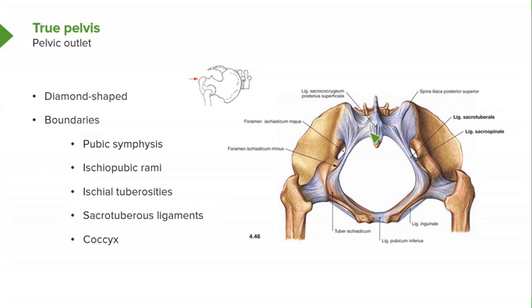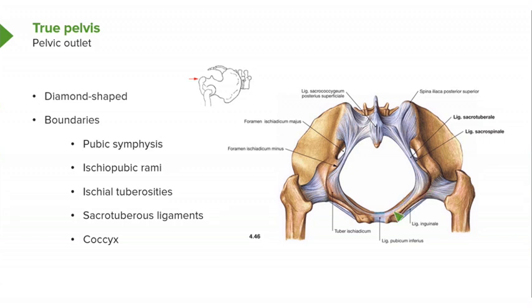And the boundaries of the pelvic outlet anteriorly would be the pubic symphysis, and this is where the two pubic bones will form their articulation. We also have the ischiopubic rami. This would be the joint rami that are formed between the inferior pubic ramus and the ischial ramus.